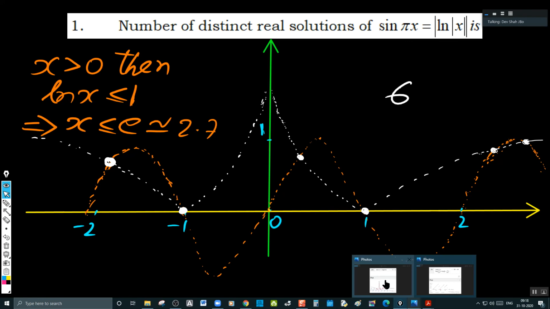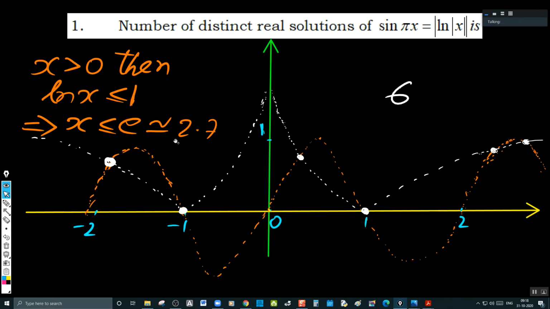Sir, one doubt. How did we come to know that it intersects at 2 points after x equal to 2? Because x is lying between 2 and 3 here.